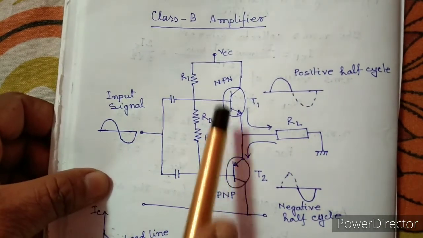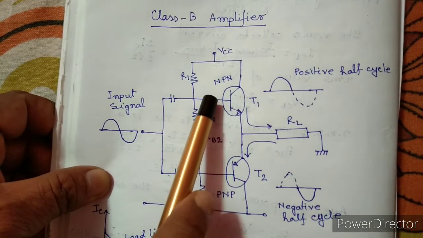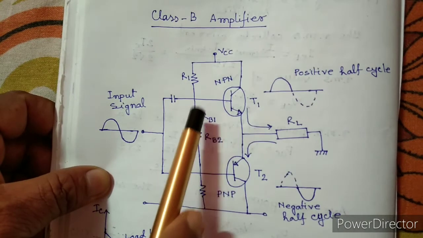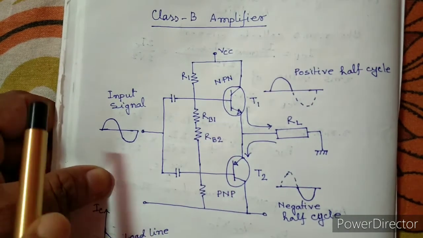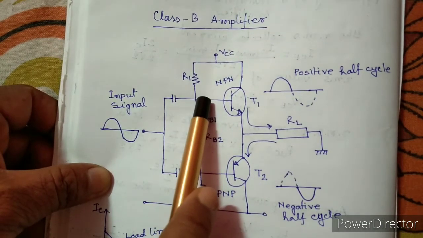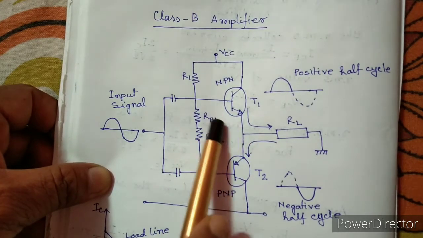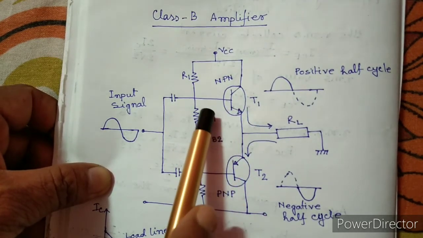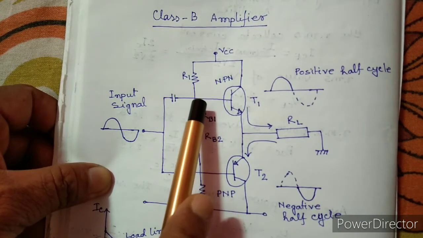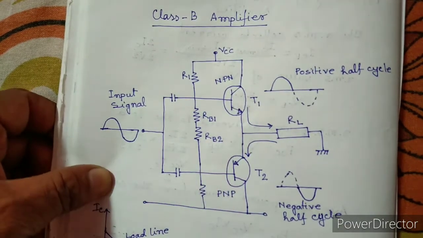If the transistors are made of silicon, then across base emitter the potential drop will be 0.7 volt. So, if the potential across base is greater than 0.7, then only the transistor will be switched on, because only then will the base emitter be in forward bias. So, the transistor will be switched on.